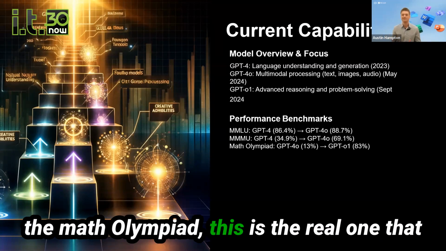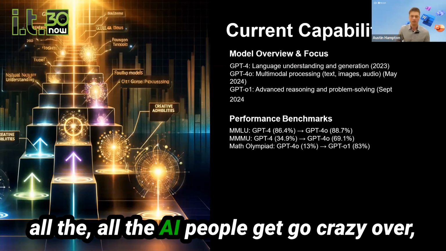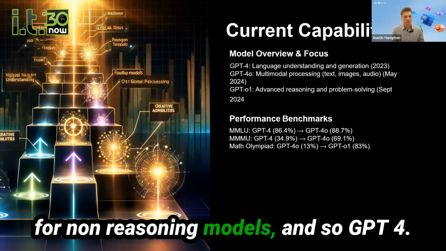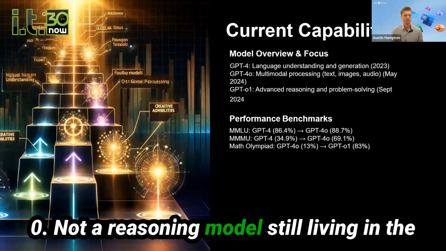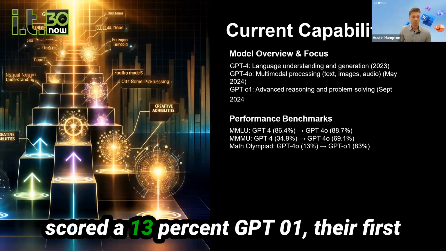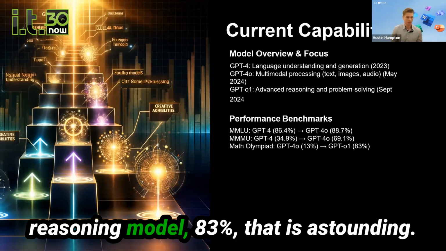And then the Math Olympiad, this is the real one that all the AI people go crazy over, because math and science are really challenging for non-reasoning models. GPT-4o, not a reasoning model, still living in the traditional text prediction engine world, scored a 13%. GPT-o1, their first reasoning model, 83%.